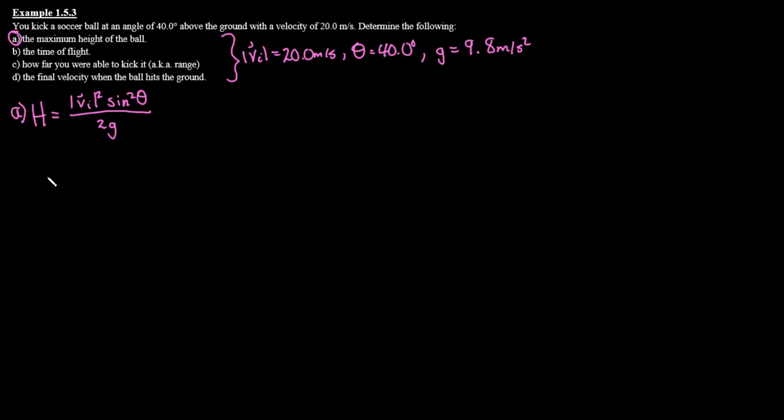Okay, so now that we have those, we literally don't have to do anything else other than plug in everything. So our initial velocity was 20 meters per second times sine squared of 40 degrees, all divided by 2 times 9.8 meters per second squared.